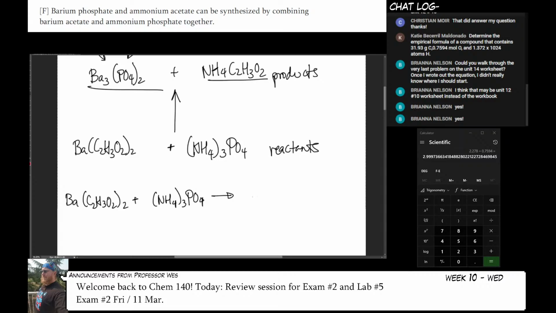Make barium phosphate and ammonium acetate. And then now I have to balance the equation, and that should be pretty trivial. So this is going to get a 2. No, it's not. That's wrong. This is going to get a 2. This is going to get a 3. And then this gets a 6. There you go.